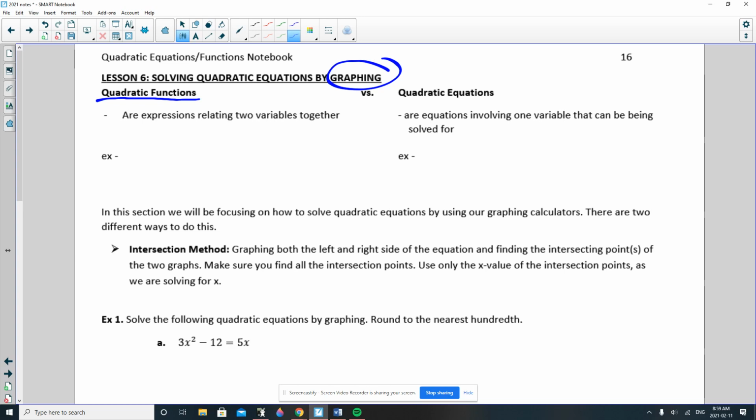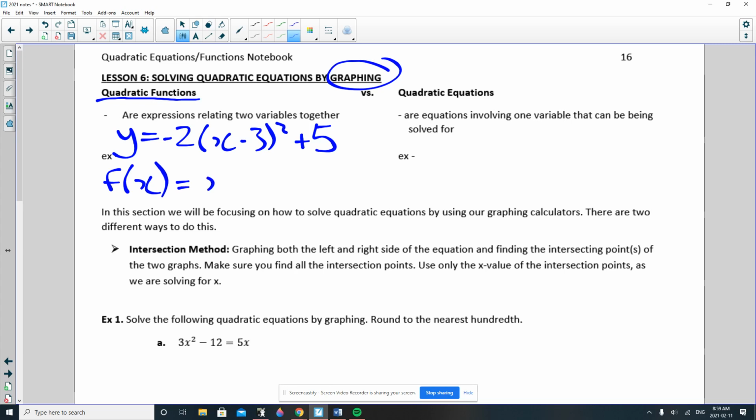So an example of a quadratic function is something we've seen before where we have y equals -2(x - 3) squared plus 5, something like that, okay? Where I have both an x and a y in my quadratic function. So functions have two variables. Another example could be f(x) equals x squared minus 4. That's also considered a quadratic function.